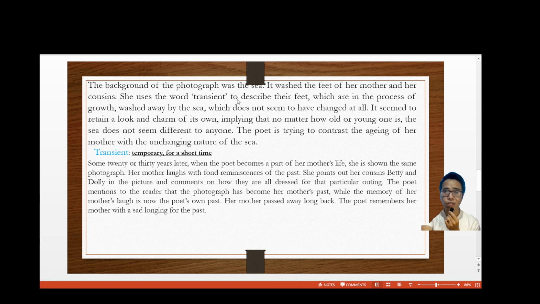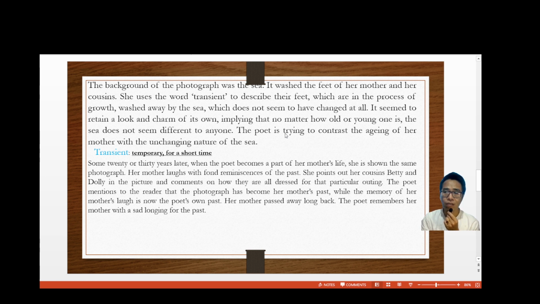Transient means temporary, not permanent, for a short period of time, to describe their feet, which are in the process of growth and washed away by the sea, which does not seem to have changed at all. It seems to retain a look and charm of its own, implying that no matter how old or young one is, the sea does not seem different to anyone.